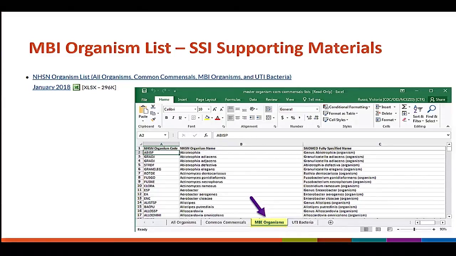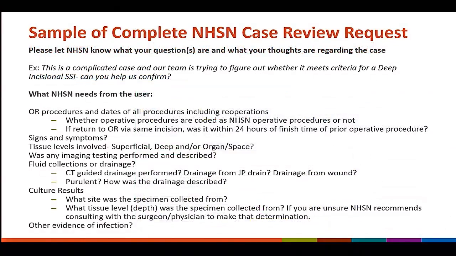The SSI supporting materials section also has a link to the NHSN organism list where you can find all of the MBI organisms for 2018. Just pay attention to what year you're performing surveillance for, because there might be new pathogens listed on this list and maybe not the year prior. So go to the right supporting materials document.